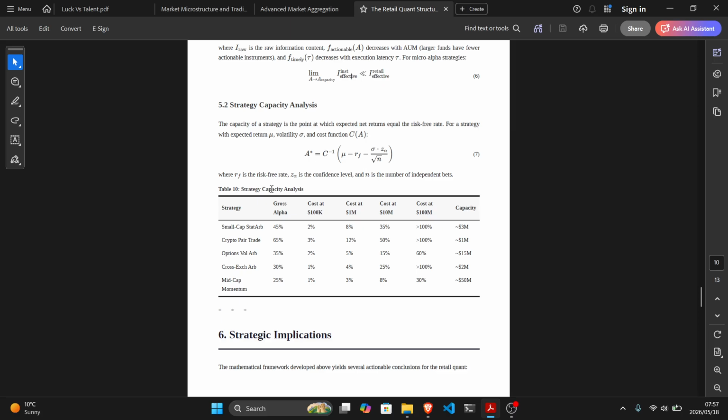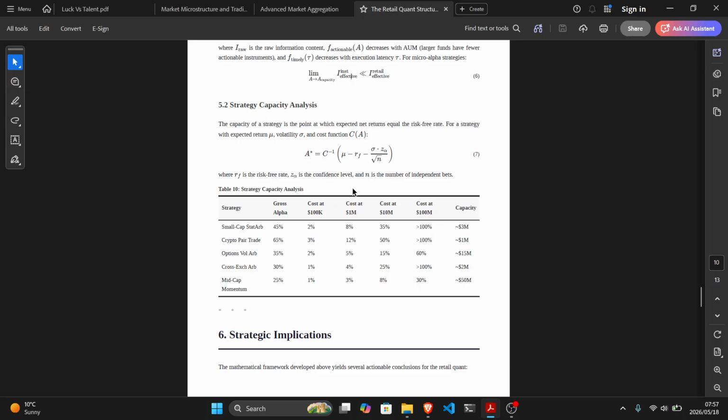Table 10. Strategy capacity analysis. Our strategies are small cap stat arb, crypto pair trade, options vol arb, cross-exchange arb, and mid-cap momentum. Small cap has a gross alpha of about 45%, and the cost at 100K is about 2%.